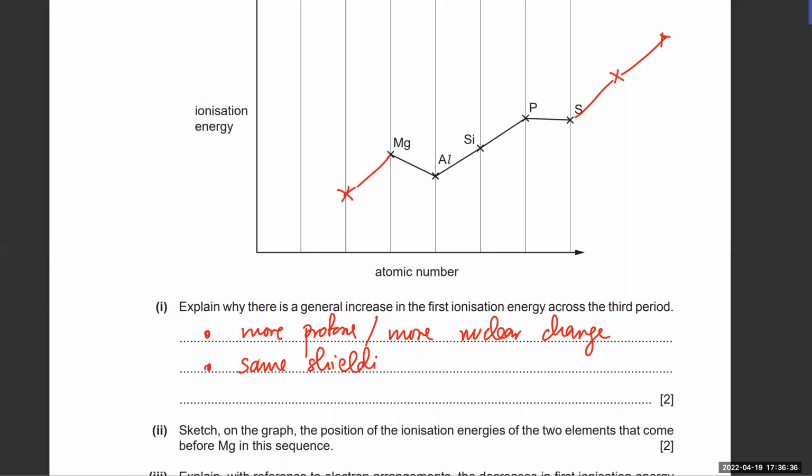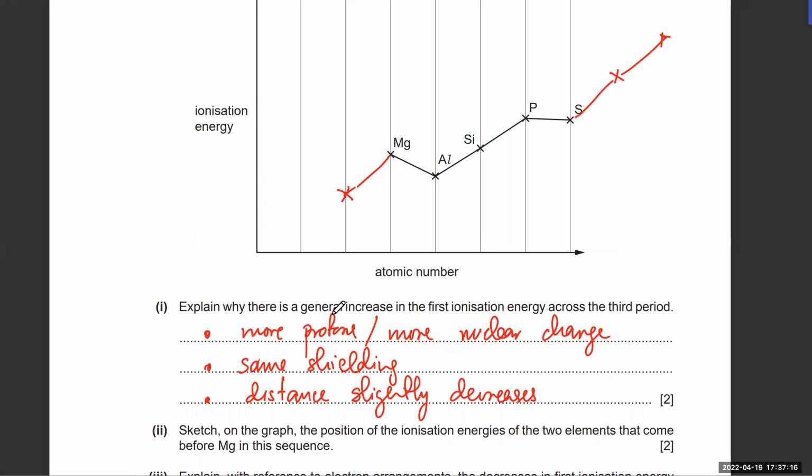It's not a point as such, because the same shielding means that it's not playing any role. It's constant, right? Distance slightly decreases because of the more protons, so you get more attraction. But they're probably going to give you marks for more protons only.